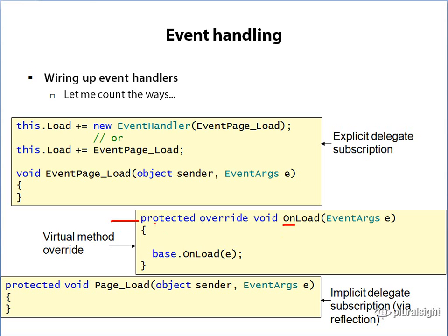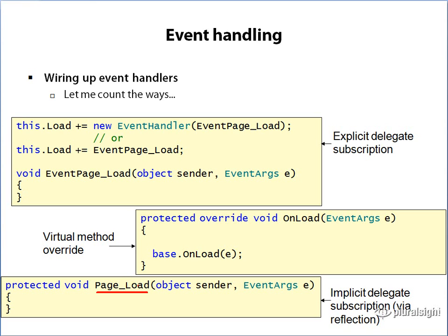If you're working in Visual Studio, however, that's not the standard technique you'll see. The standard technique is the one you see on the bottom down here. And this one is kind of less obvious, but all you need to do is create a function named Page underscore and then the name of the event you want to add a handler for.